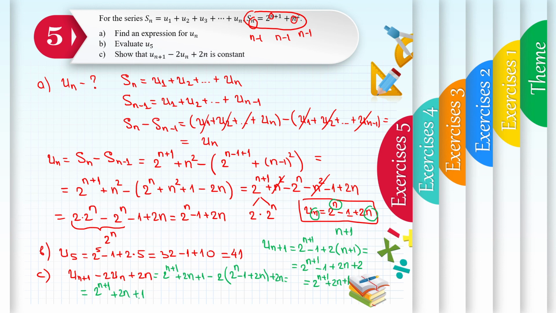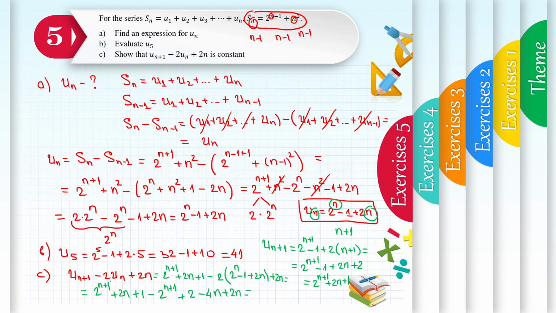Now, opening the brackets, we will have minus 2 to power 1 multiplied by 2 to power n, which gives us 2 to power n plus 1, plus 2 minus 4n plus 2n.